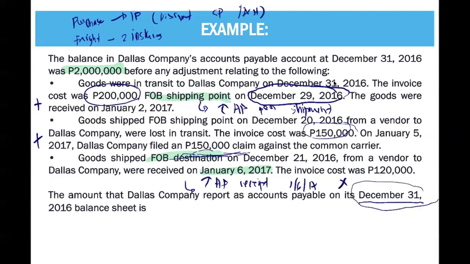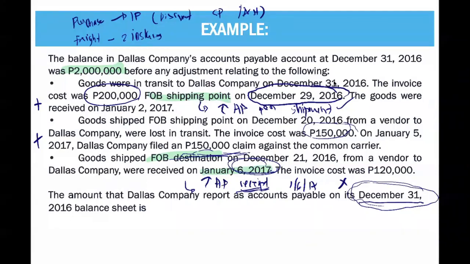Because we need to record only December 31. This is already 2017, the date of receipt. Okay, remember this. We have only two items on your purchase. Shipping point, you record it upon shipment. Okay, so December 29, record it already. Destination, when will you record it? Upon receipt. When did you receive it? January 6, 2017. So was it within December 31, 2016? No. Therefore, do not include it.